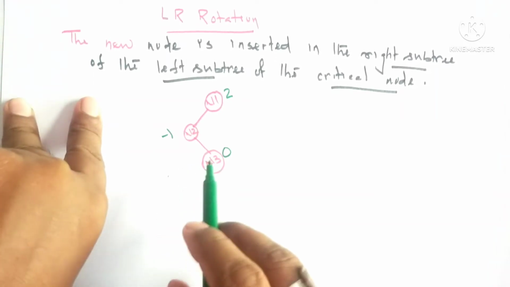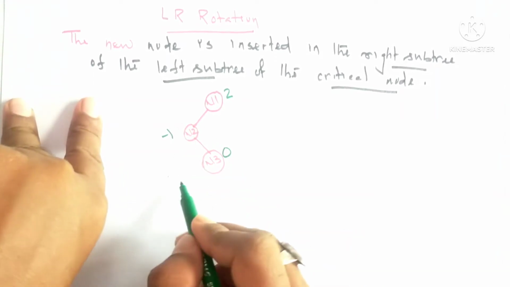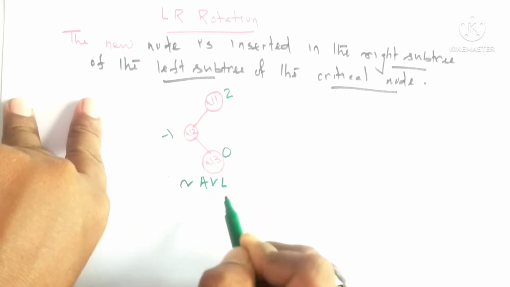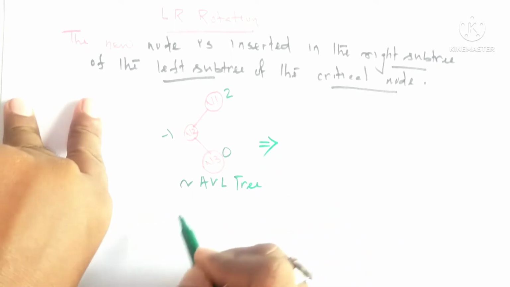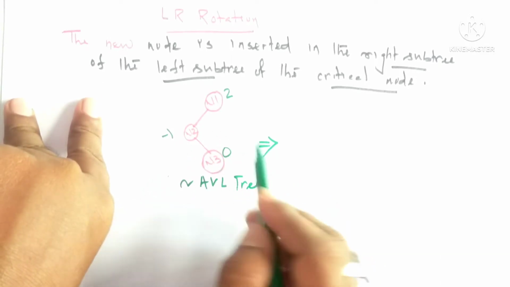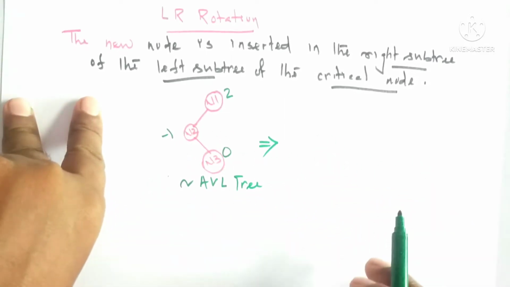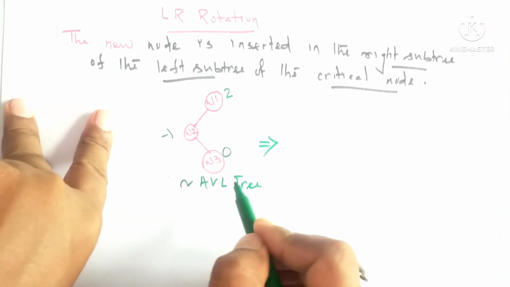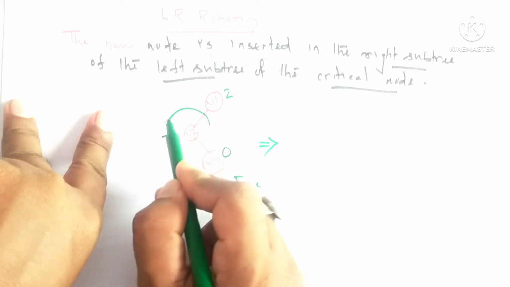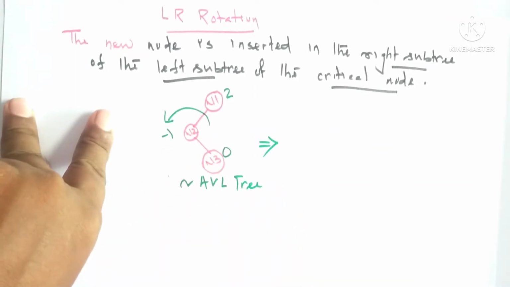So that's why we can say that this is a non-AVL tree. This non-AVL tree can be converted to an AVL tree by doing rotation. What will the rotation do? First you apply the anticlockwise rotation at node N2. If you do that, then what will happen?